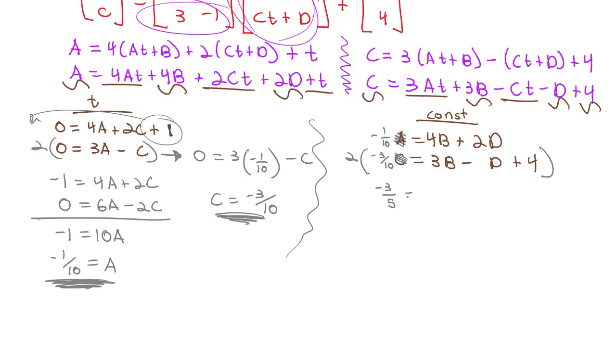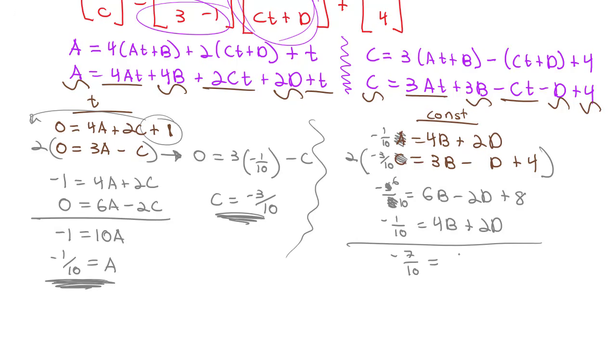Negative 3/5 equals 6b minus 2d plus 8. The other equation is negative 1/10 equals 4b plus 2d. And so when I add those together, maybe I shouldn't have reduced because now I need a common denominator. 6/10, fine. So that gives me negative 7/10 equals 10b plus 8.